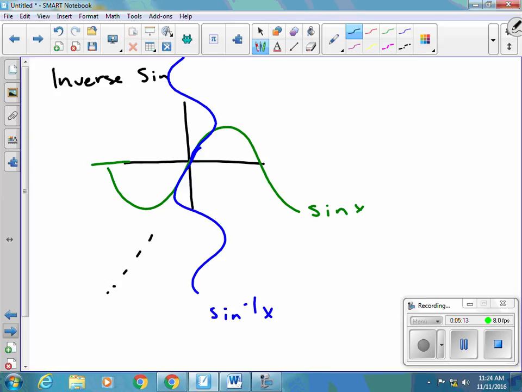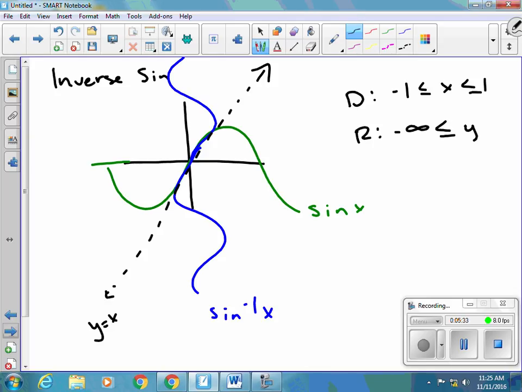This one's a little bit easier to see, that reflection line of y equals x, just because it matches up with it. The domain for this, again, is still -1 to 1. Range is now from -infinity to +infinity. Otherwise, we've already done this, and how to calculate that kind of stuff.